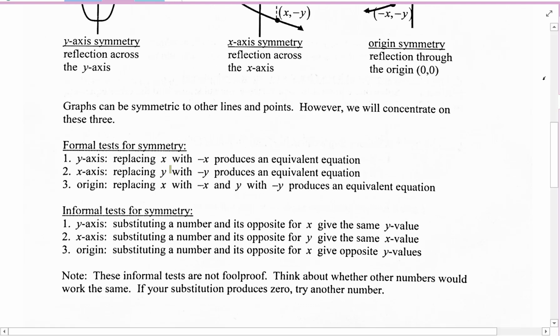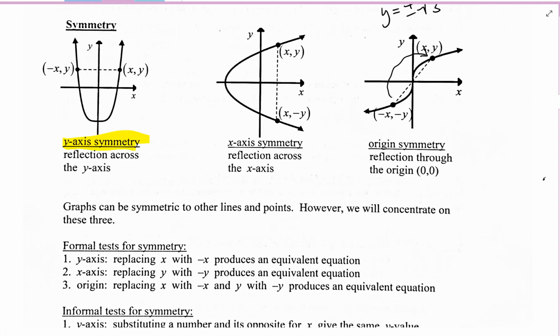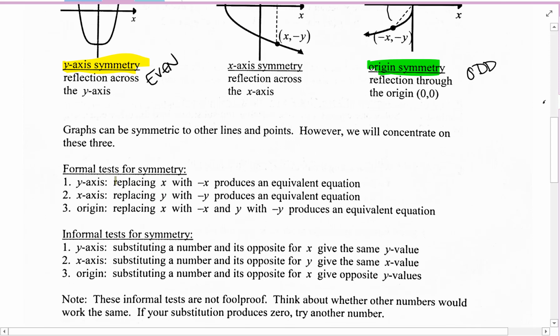Formal tests for symmetry. If you want to see if you have y-axis symmetry, remember that y-axis symmetry is called an even function, and origin symmetry is called an odd function. So for the tests, for even functions, you replace x with negative x, and if the equation is the same as the original one you started with, then you have y-axis symmetry.